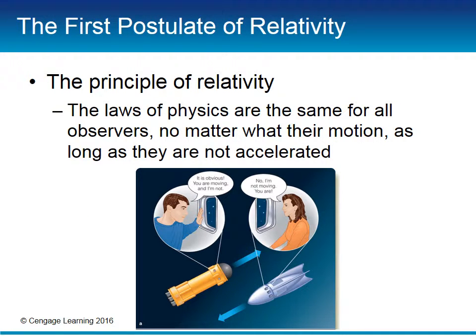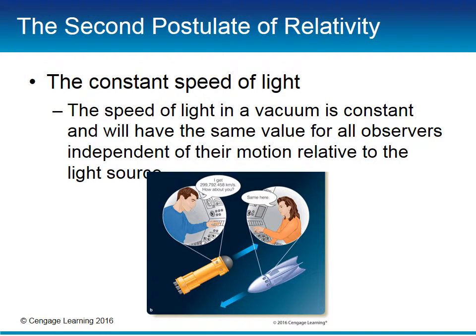The first postulate of relativity is that the laws of physics are the same for all observers, no matter what their motion, as long as they are not accelerated. The speed of light in a vacuum is constant and will have the same value for all observers, independent of their motion relative to the light source.